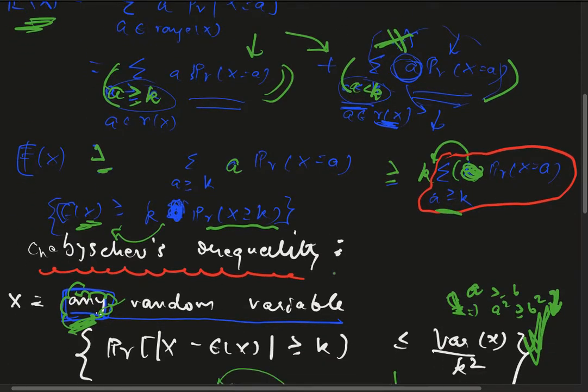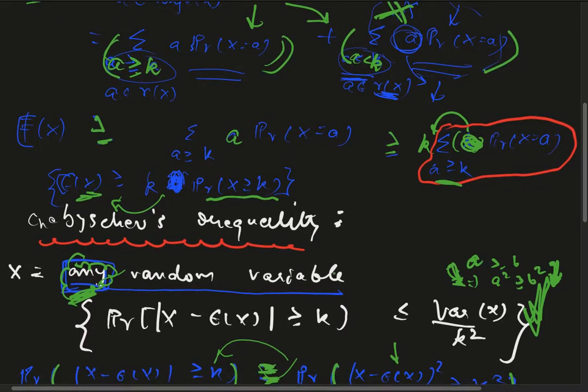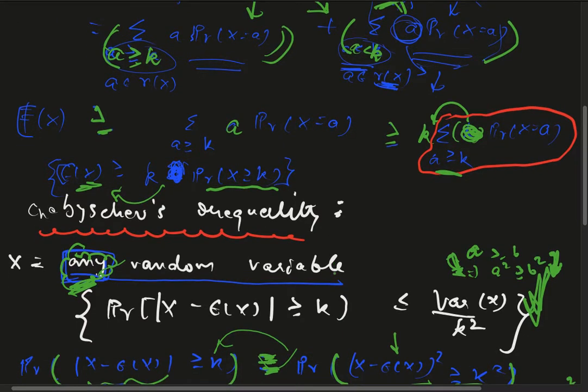X can be a non-negative as well as a negative random variable, anything. And Chebyshev's inequality gives us a bound on the probability that a random variable is not too skewed. So it's neither too big nor too small. So it gives us a probability that the random variable lies within a certain distance from the mean of the random variable.